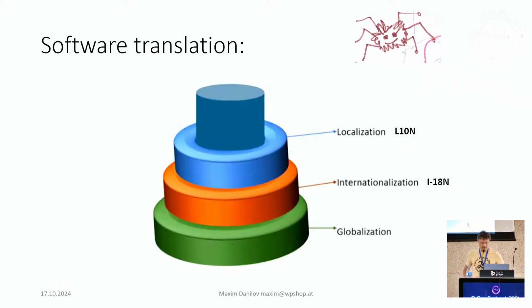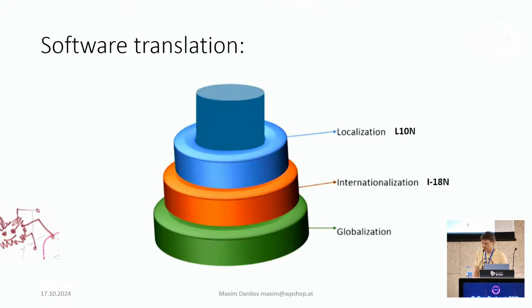And what is the software translation pyramid? We have collected instructions to localize our software. We also have the specification for how we can internationalize our software, and we have a bunch of tasks if we want to globalize our application.